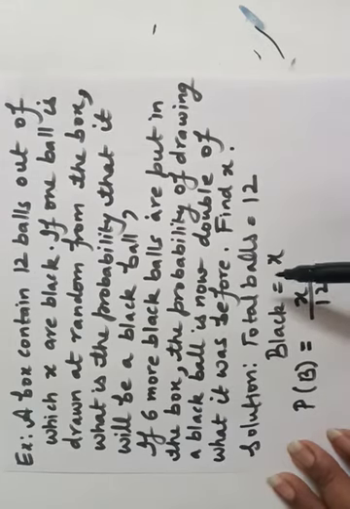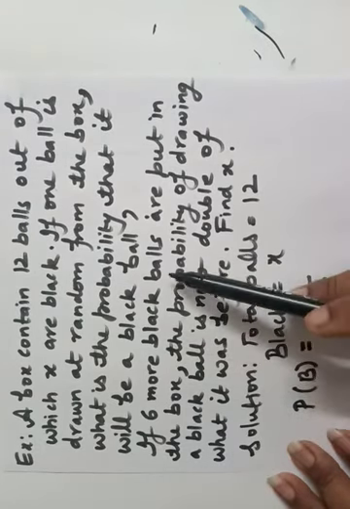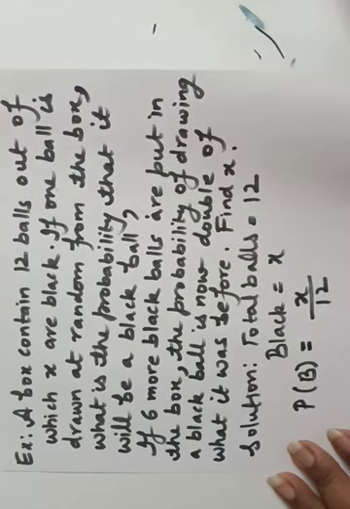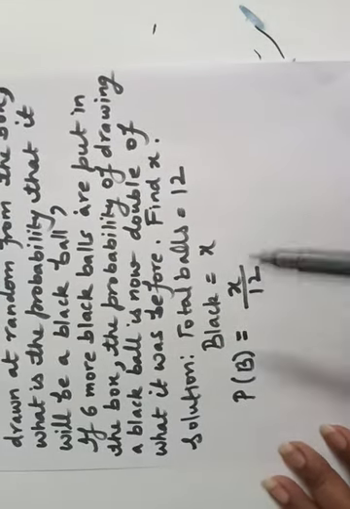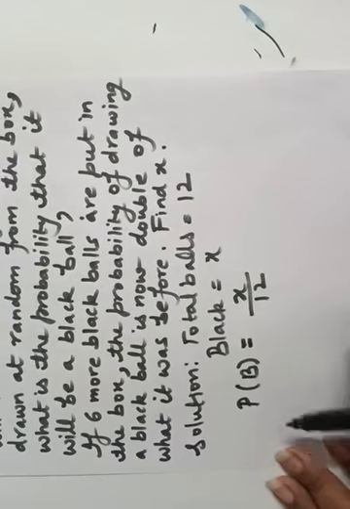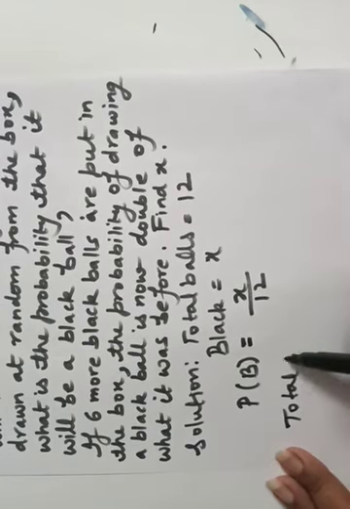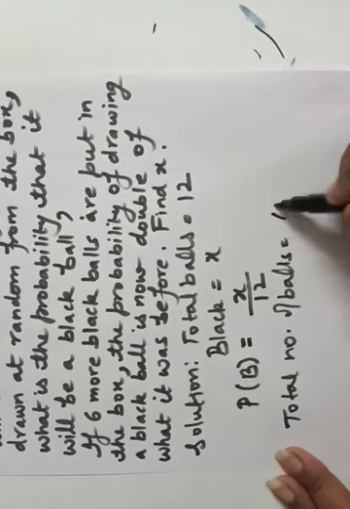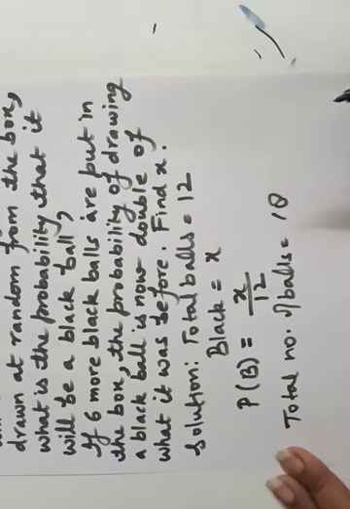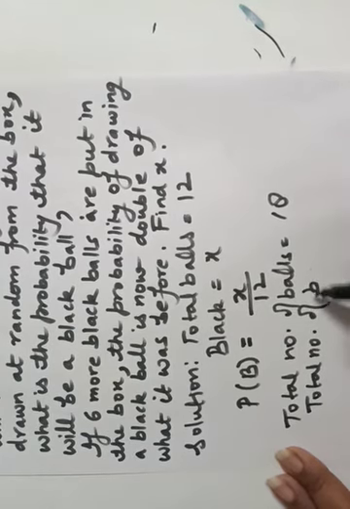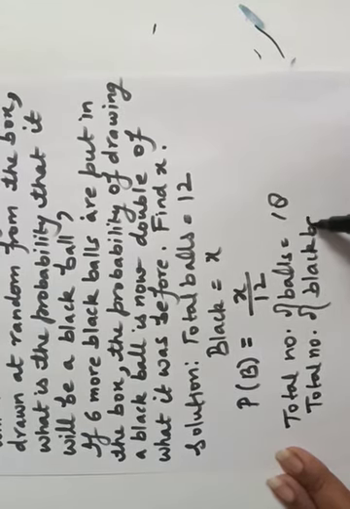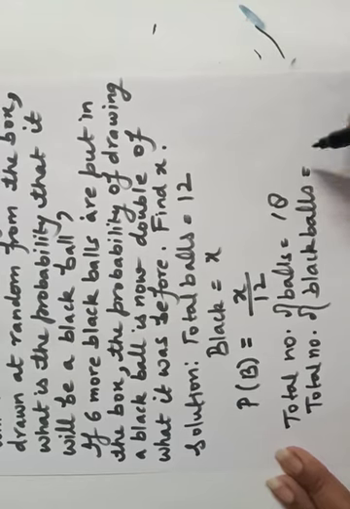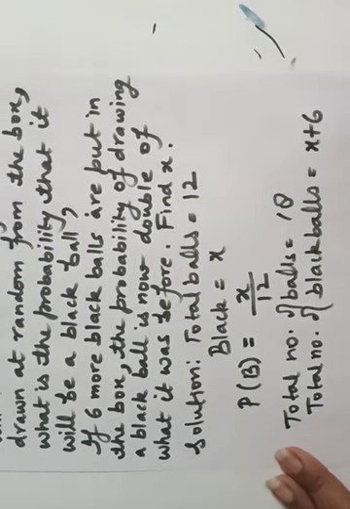Now the second condition: if 6 more black balls are put in the box, now 6 more are added, so total number of balls is equal to 18, and total number of black balls is equal to x plus 6.